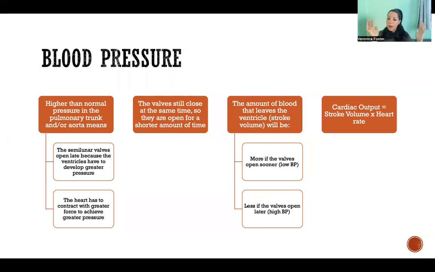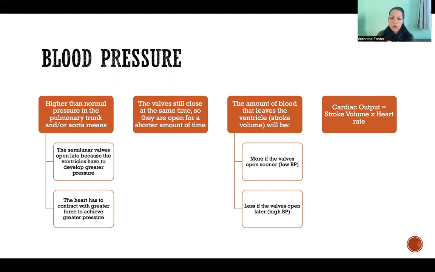If it's open for a long time, then we'll have a greater ejection fraction, so a higher percentage of blood that's ejected, which is a greater stroke volume. If they're open for a shorter amount of time, then we're going to have a smaller ejection fraction, so a smaller percentage of the blood that's there that will be ejected. So the volume of blood will be ejected.